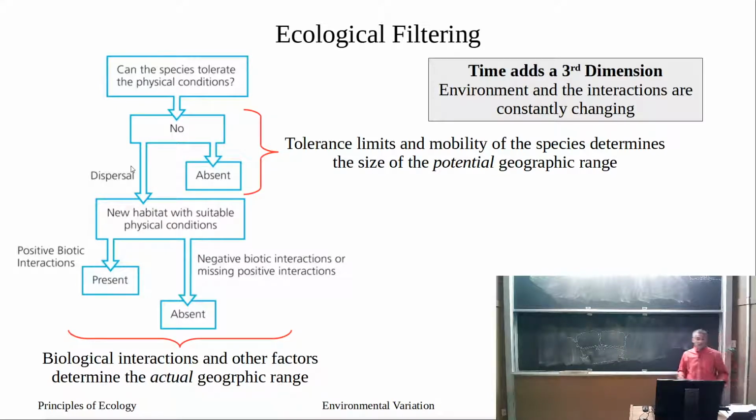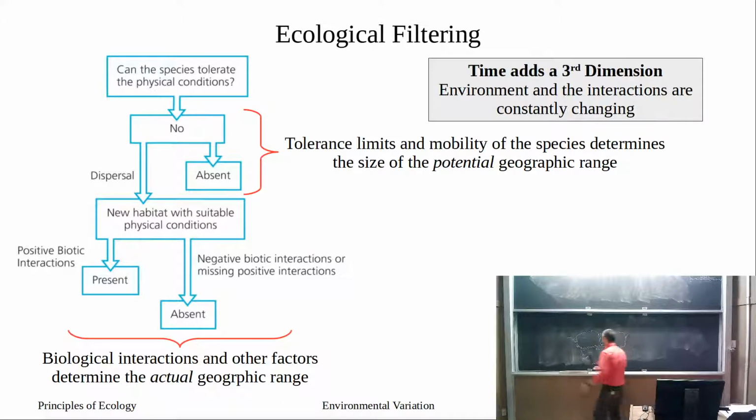And when they find that new habitat with suitable physical conditions, you have to look at what else is there and ask, are there positive interactions or negative interactions happening? If there are positive interactions, then that organism could potentially live there, and that could be an actual range. If there are negative interactions, then you probably won't see that organism.